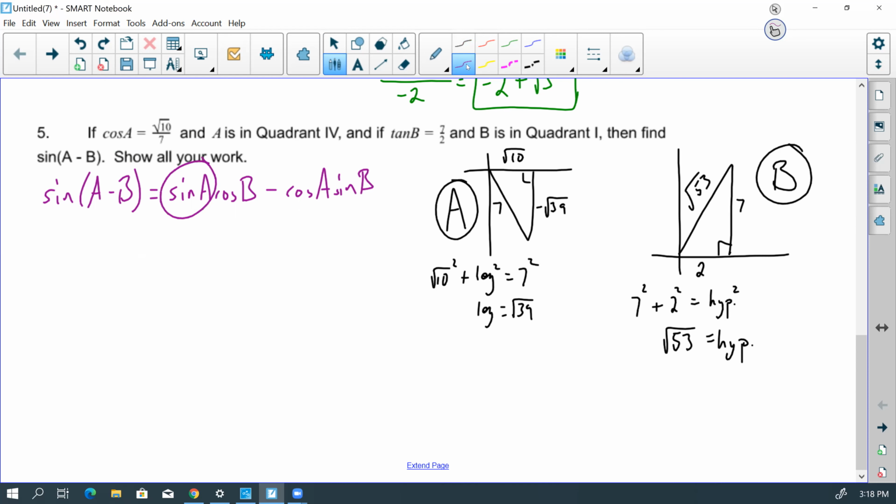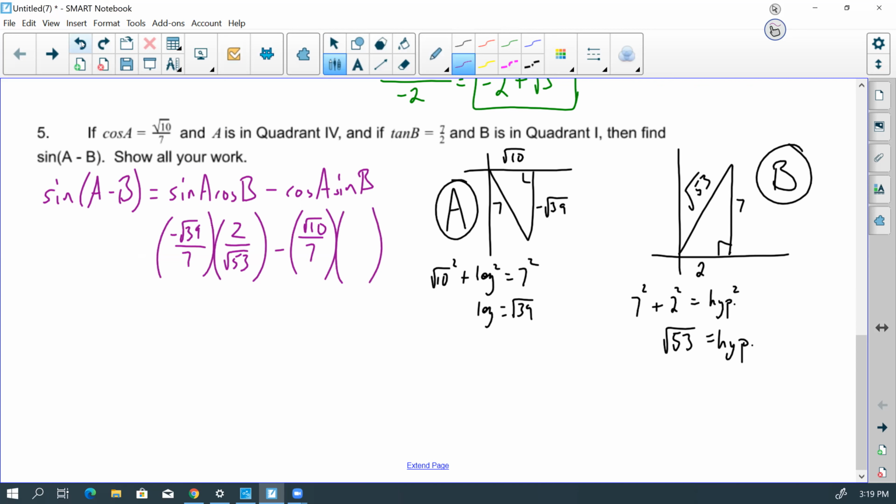What is the sine of A? It is negative rad 39 over 7. What is the cosine of B? Positive 2 over rad 53. The cosine of A is positive rad 10 over 7.